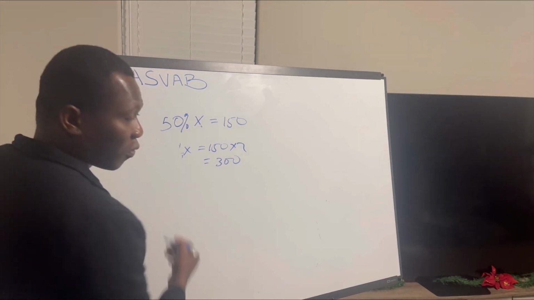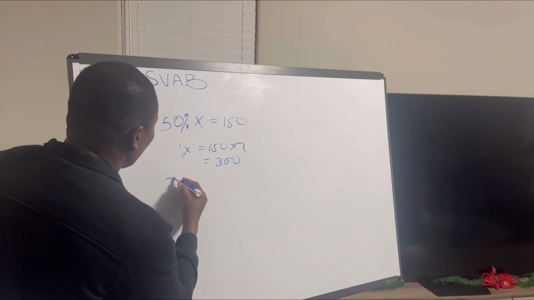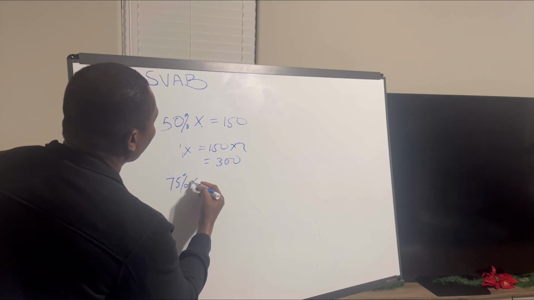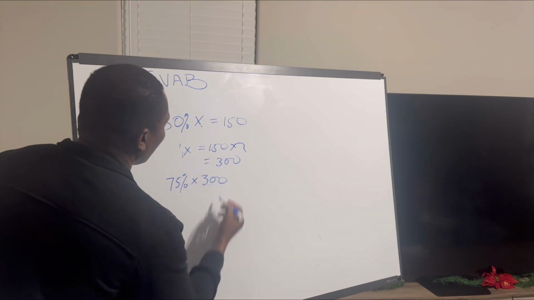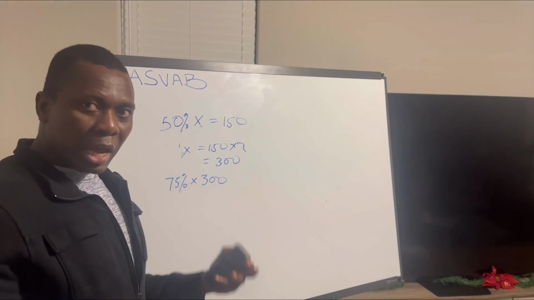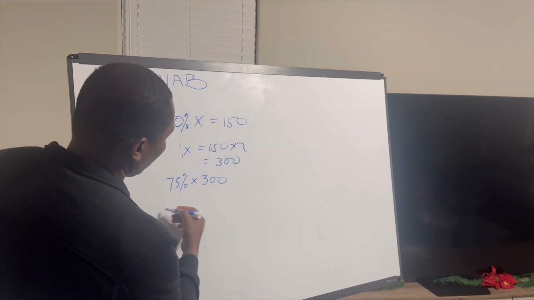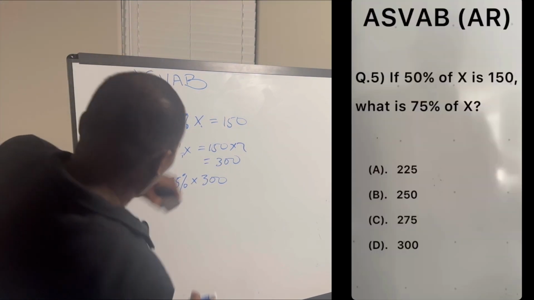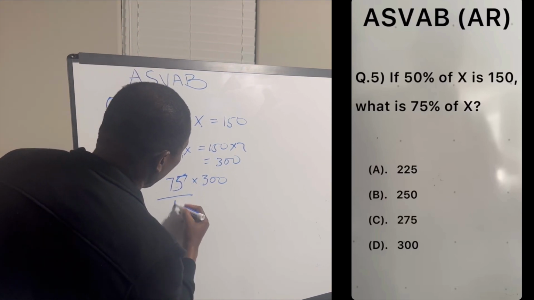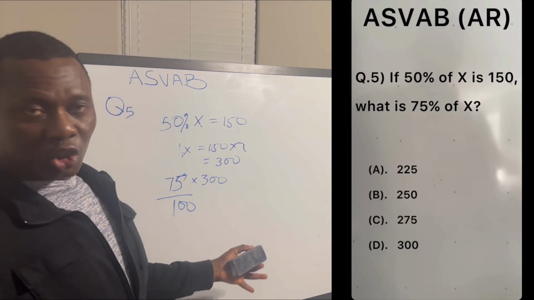They're asking us to find 75% of 300. How do we get that? Remember, to get the real natural number from percentage, we do what? We divide by 100. So to take out this percentage, we say 75 divided by 100. This is a very simple equation.